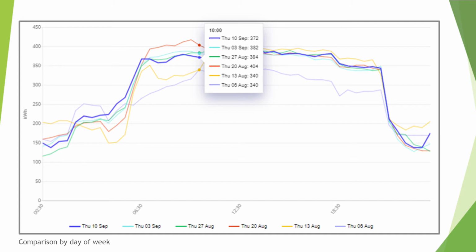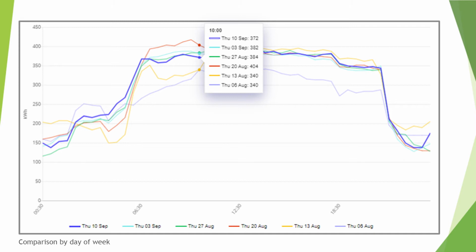So in this example here, Thursday, the 6th of August, which is the light blue line, although overall it matches the shape of the previous Thursdays, is a much lower baseline. In fact, there's a more pronounced downward spike at 6:30.